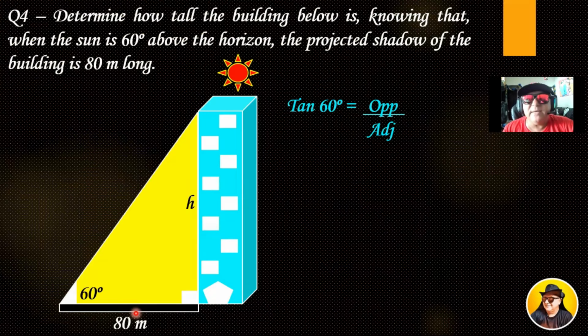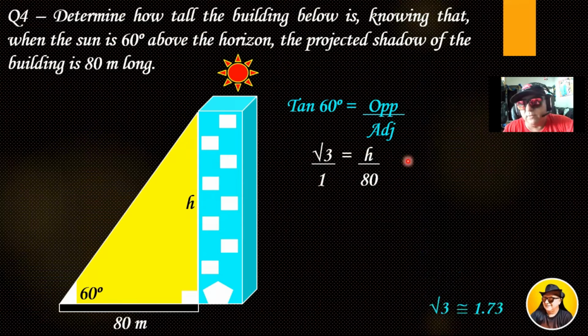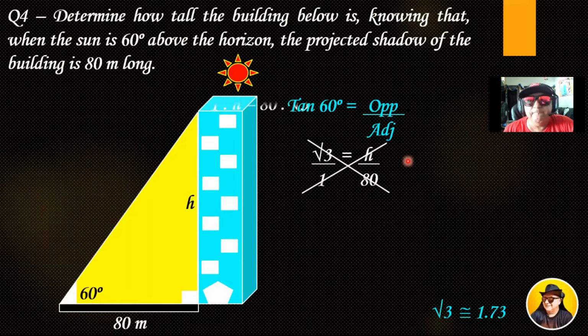Let's replace values. Tangent of 60 degrees is the root of 3. I wrote here number 1, because I want to show you how we can do it as fast as possible. So you can multiply this way. The square root of 3 is 1.73. So multiply this way. You see? Very good. So 1 times h is h, and 80 times the root of 3.